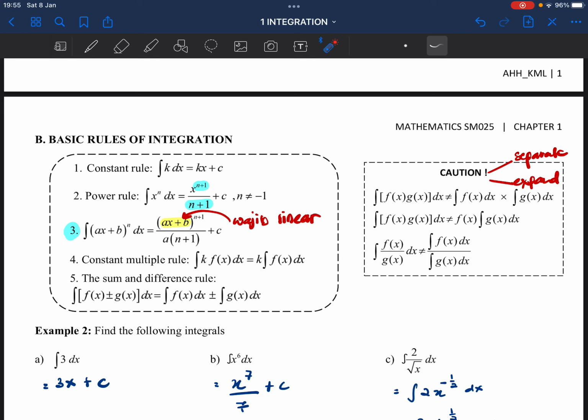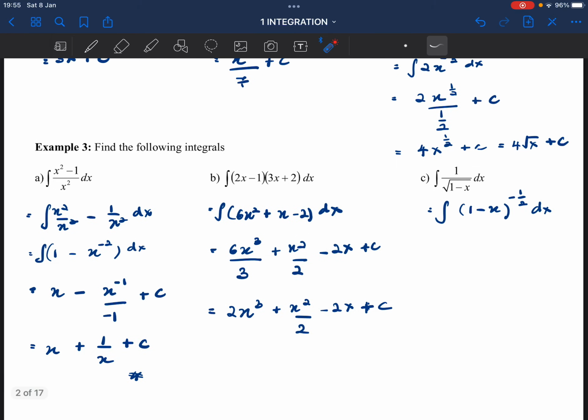So how to use the power rule? Here we have, copy back the expression. Let's do it directly in this example. You have something here with a power. Can we use the power rule or not? Yes, because this is linear. So how to use the power rule?